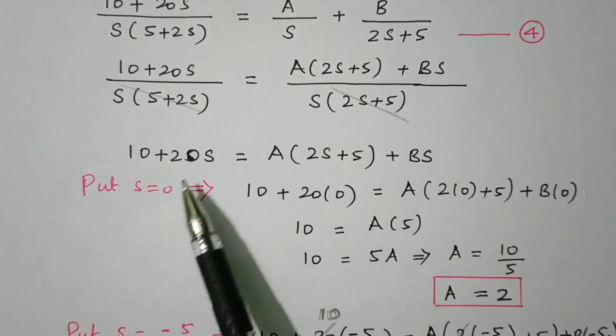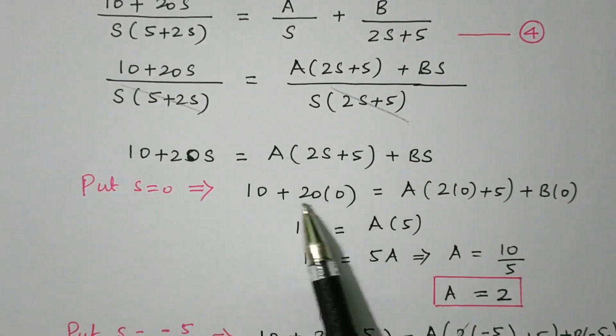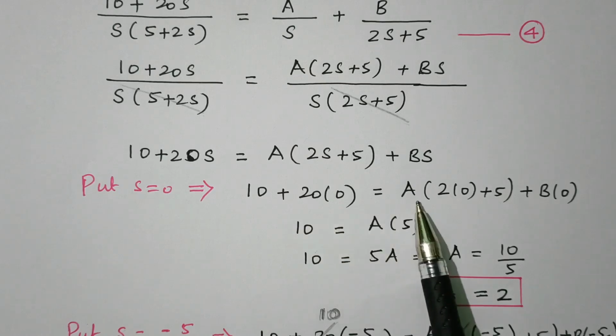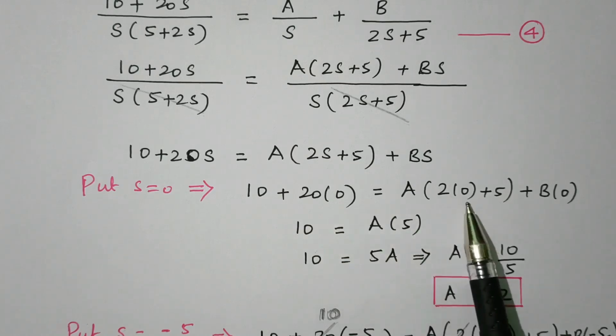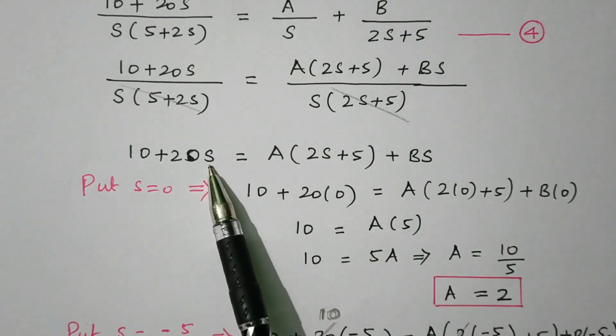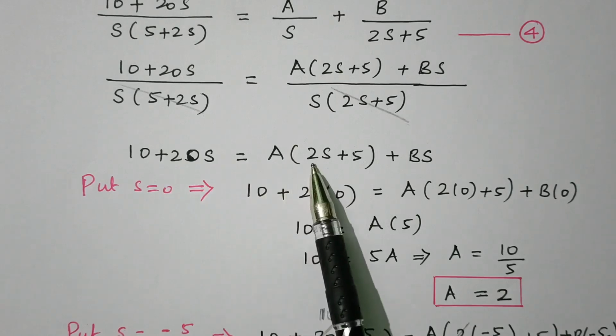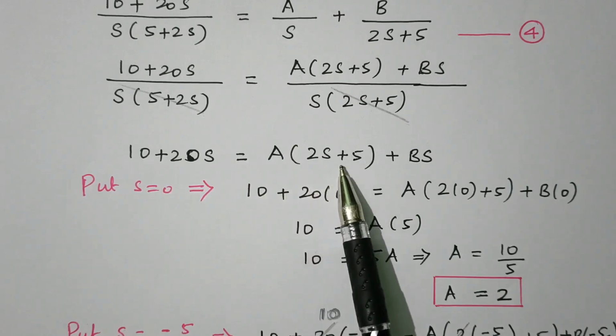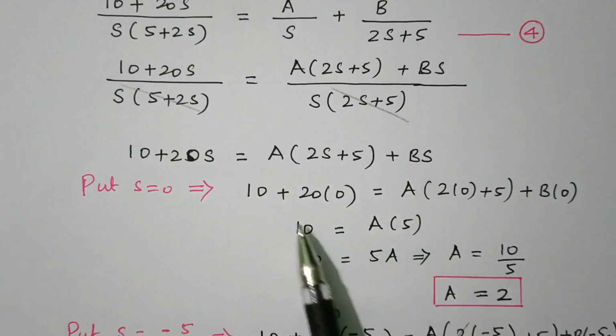s equal to 0 is substituted here. So 10 plus 20 into 0 equals A of (2 into 0 plus 5) plus B into 0. Right? So this s is substituted as 0. This term is 0, only 10 is available.